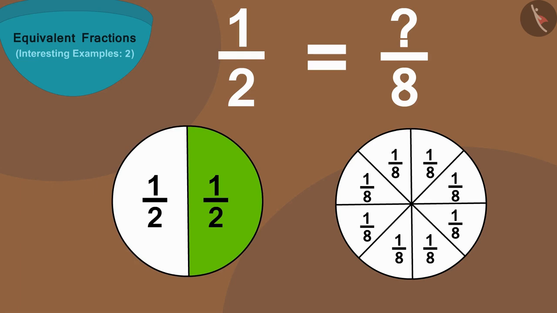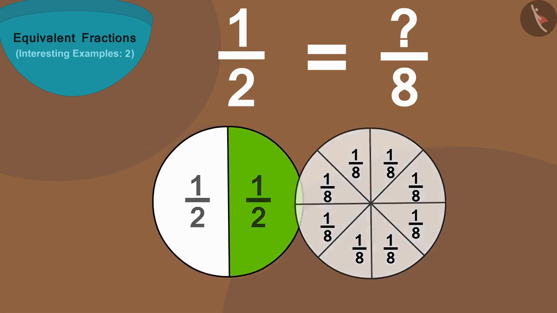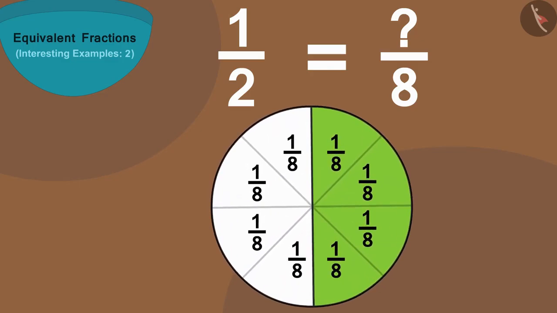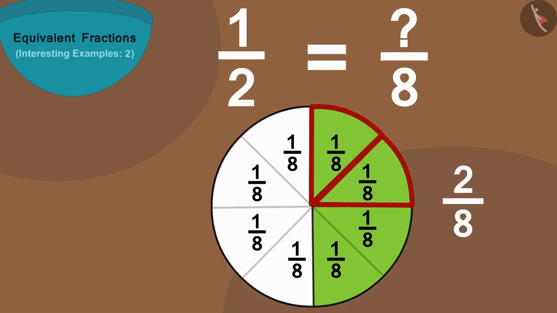If we put these on top of each other, then we can see that 8 parts of this circle are equal to 2 parts of the first circle, and 4 parts of this circle are equal to 1 colored part of the first circle.